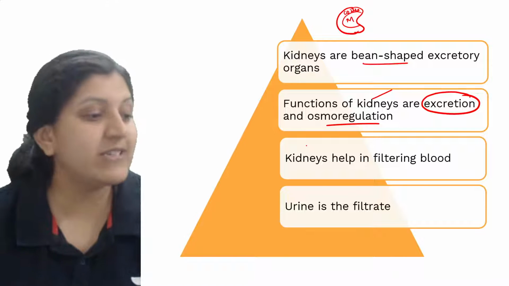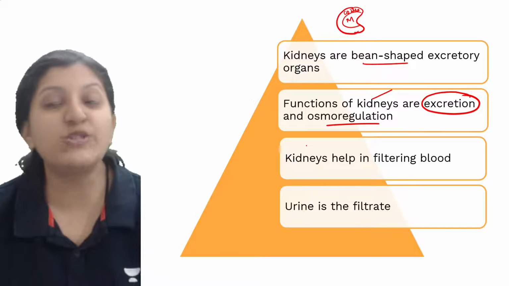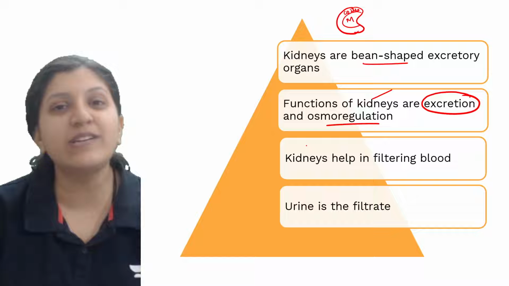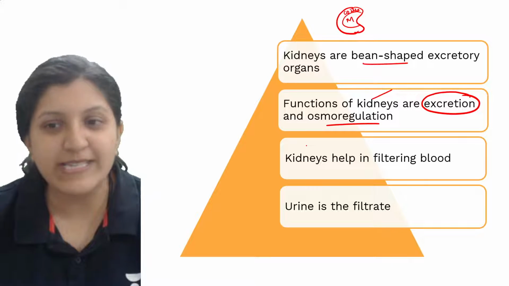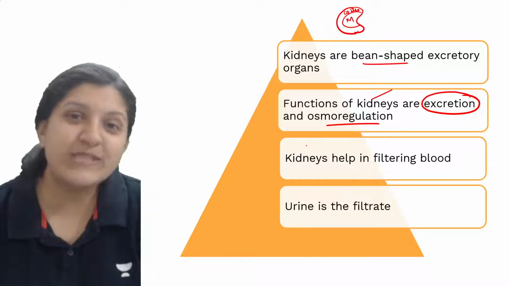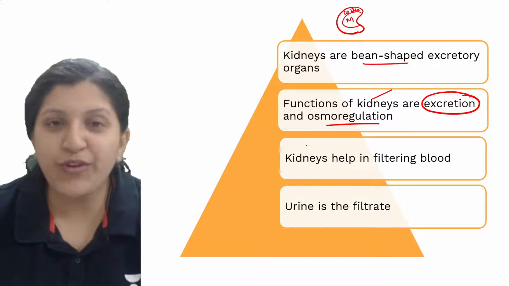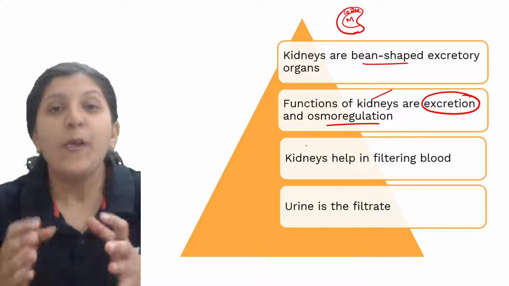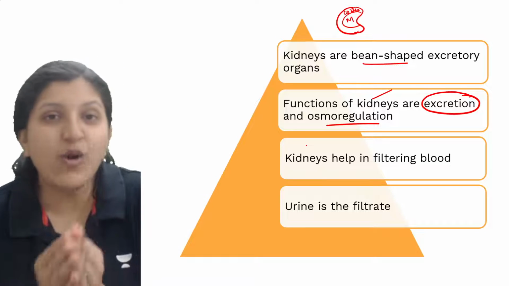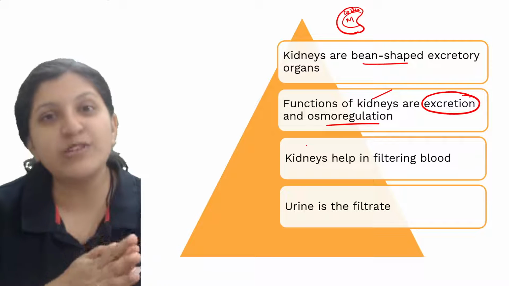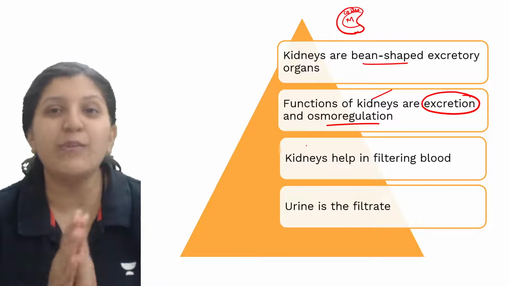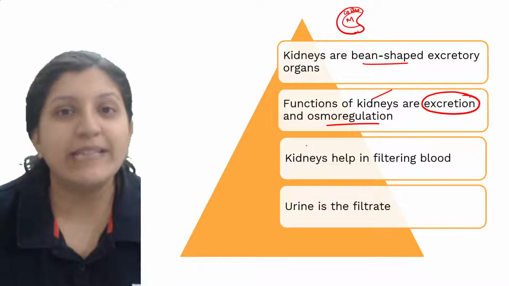So that maintenance is also done by the kidney. So it is not only the excretion function where the urine formation is occurring by the kidney. Associated with that, you can also find the osmoregulation function where the blood concentration, that is water concentration and mineral concentration in the blood, is mainly maintained by the kidney itself.